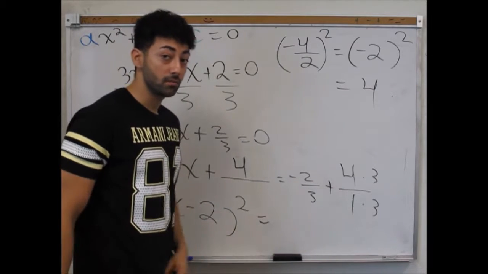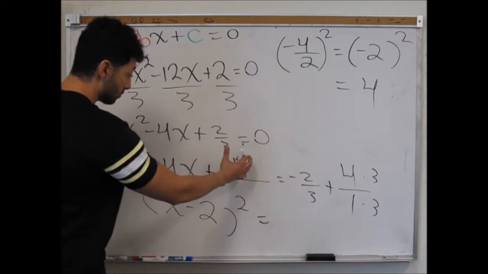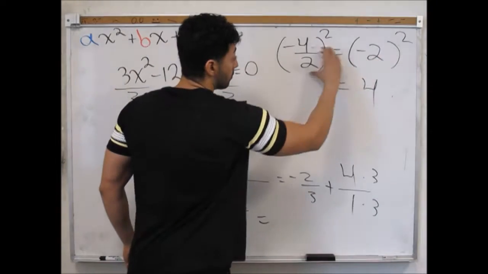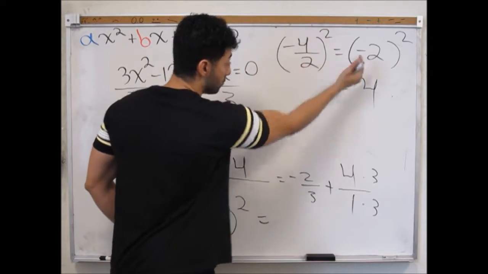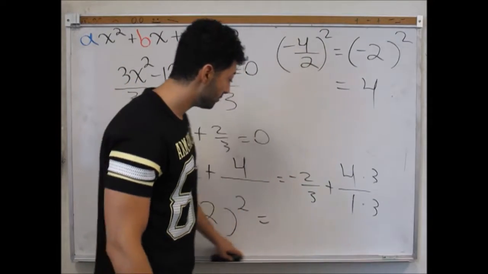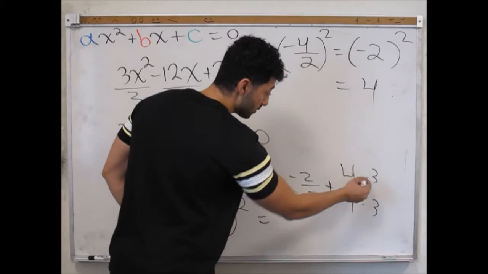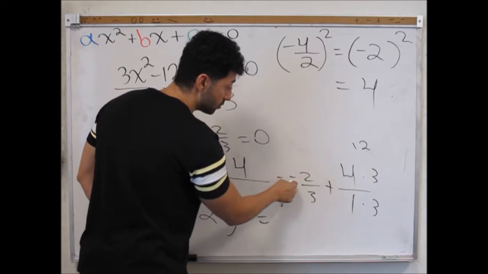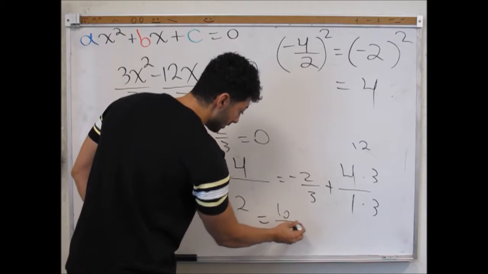So you don't even have to think about it. This will factor like that. It's going to be x, and what's going to go here is when you divide your b by 2. I'm talking too much. So here the LCD is 3, so this is going to become a 12. So then you're going to get 12 minus 2, which is 10. So then you get 10/3 over here.